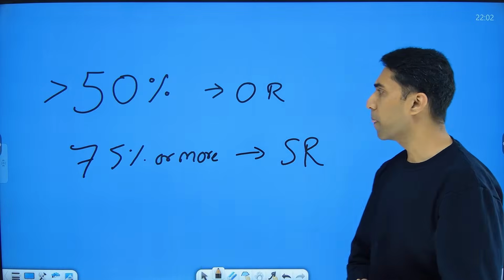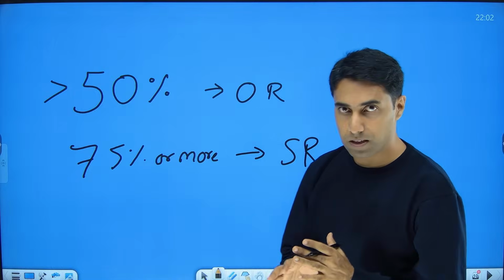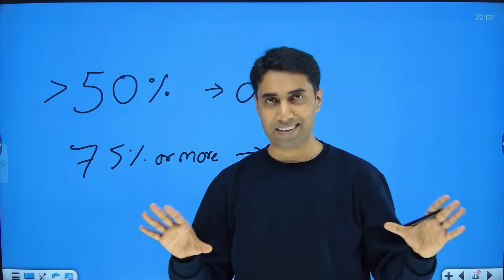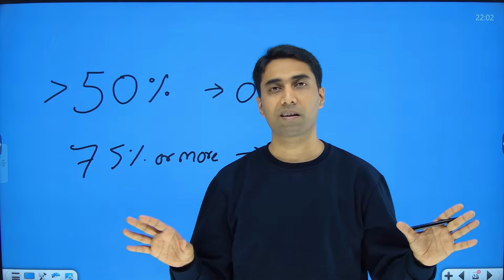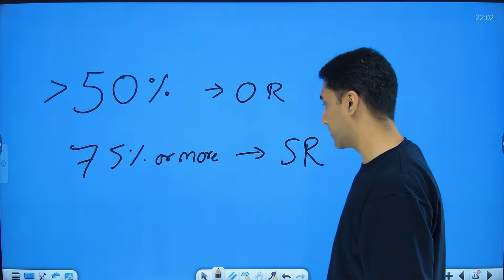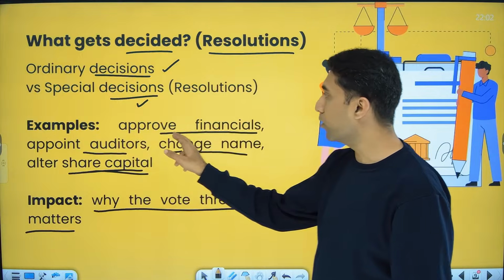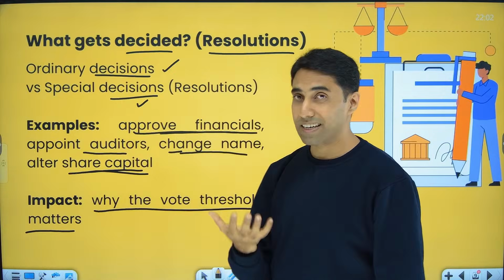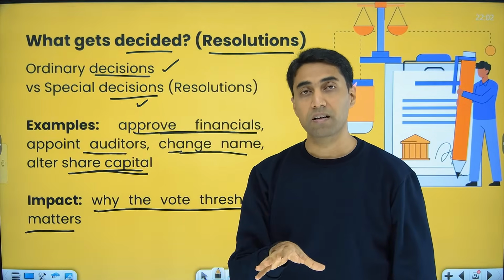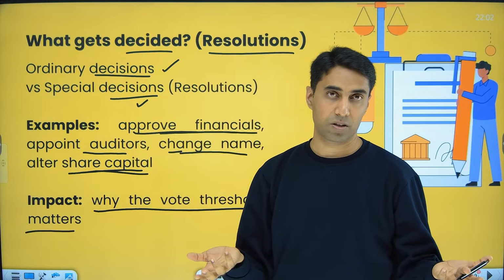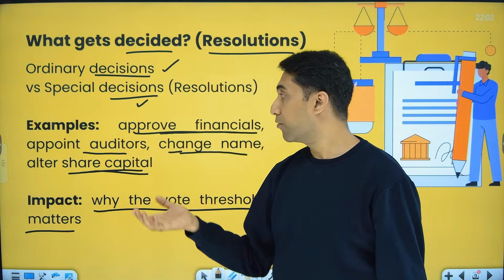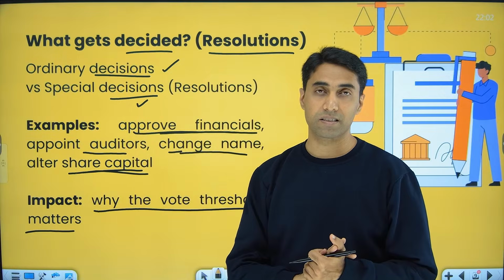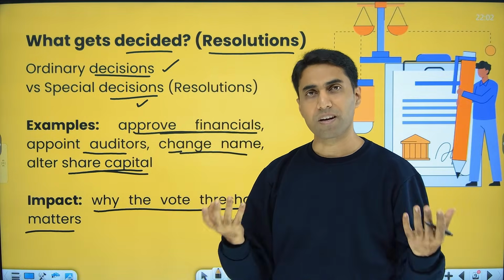So how do you know? The Companies Act 2013 itself gives you clarity. You don't have to worry. The Companies Act says, for example, if you want to approve the financial statements in an annual general meeting, it is an ordinary resolution, correct? If you want to appoint auditors in the annual general meeting, ordinary resolution.